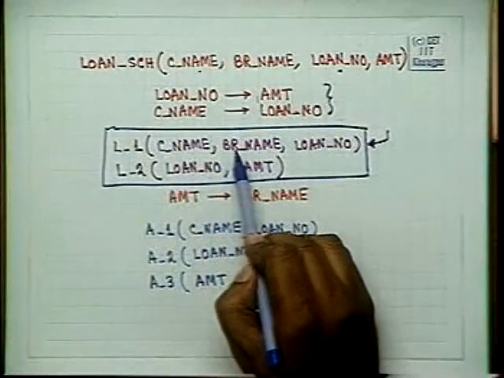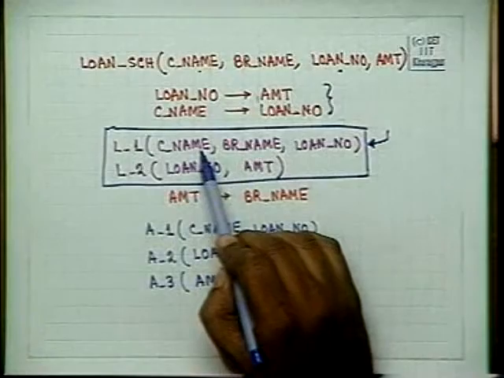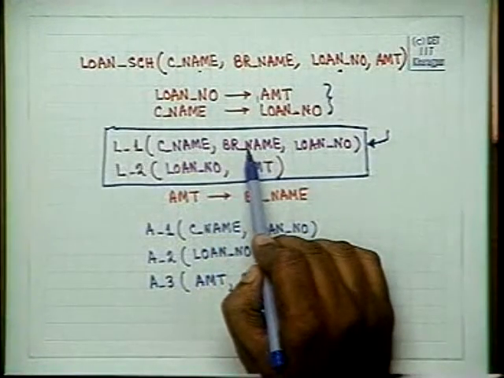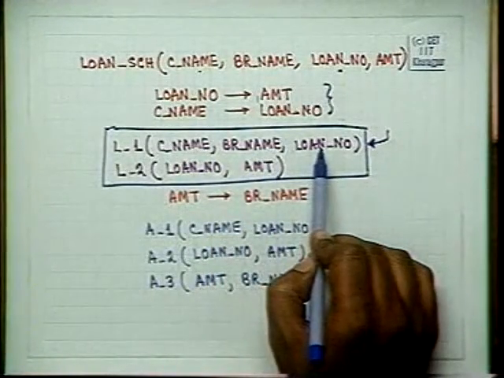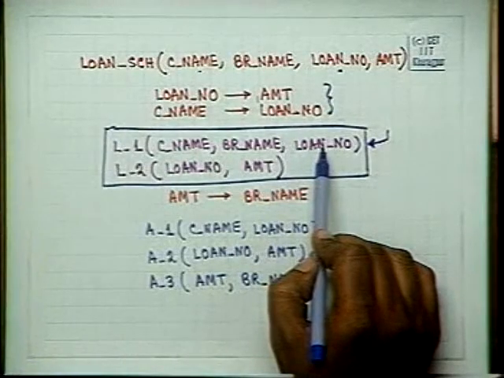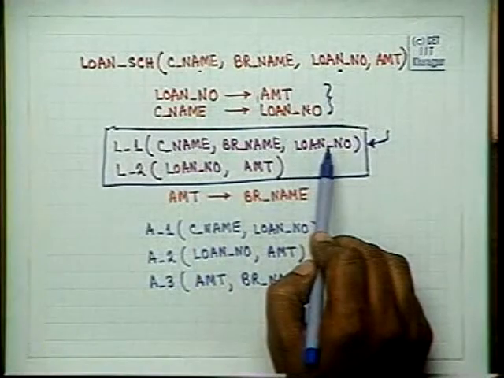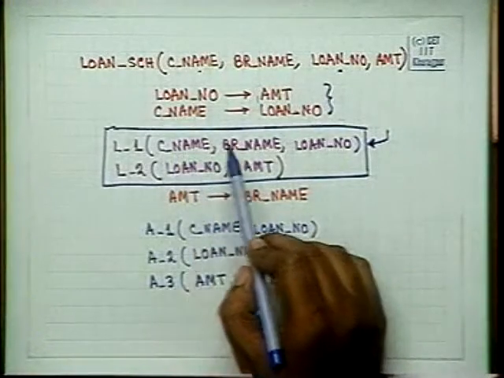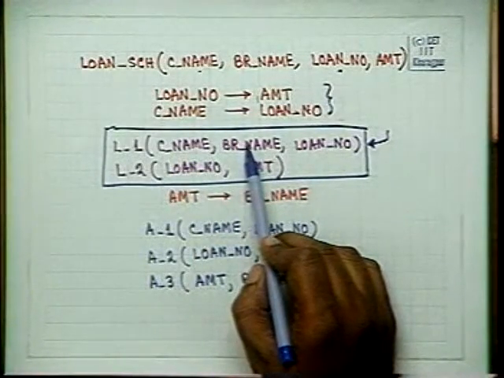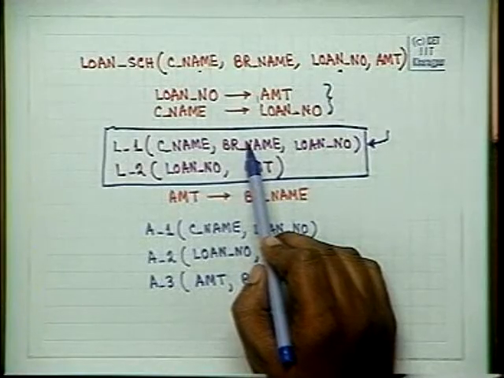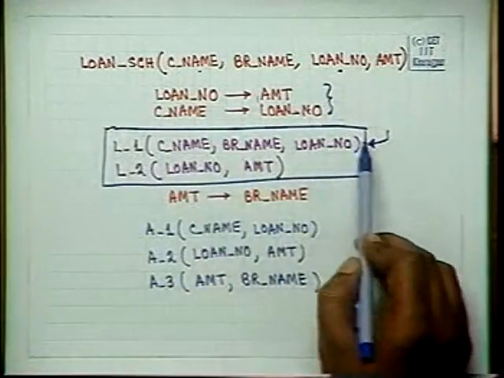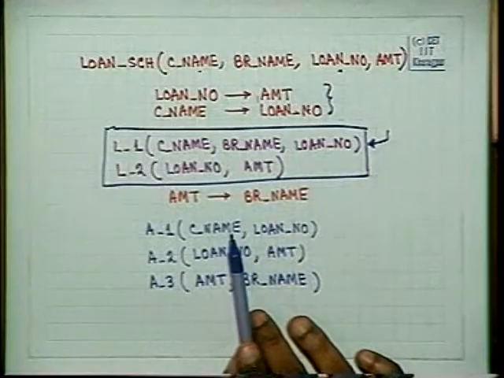There is definitely a redundancy here, because whenever I put in different branches where this customer is in a different branch, if he has a loan, then I will have to put the same loan number. It just means that if a customer has a loan in a different branch, then also the loan number must be the same as the loan number of the previous one.